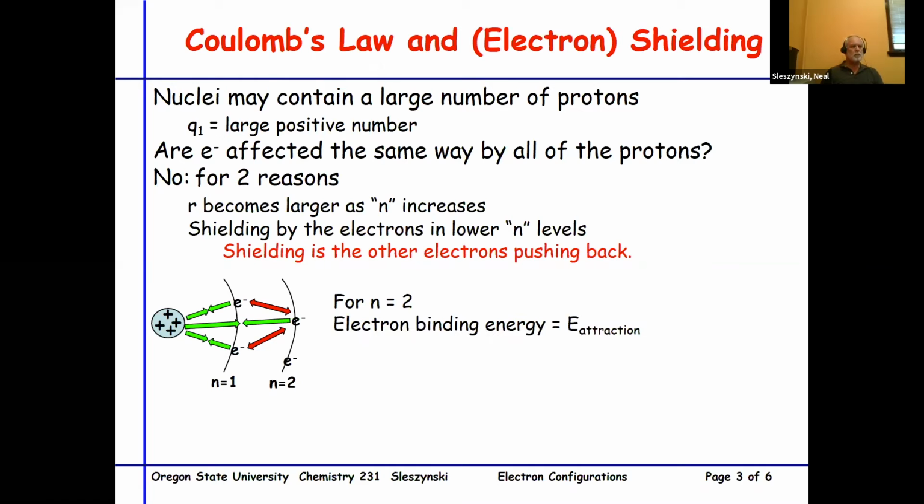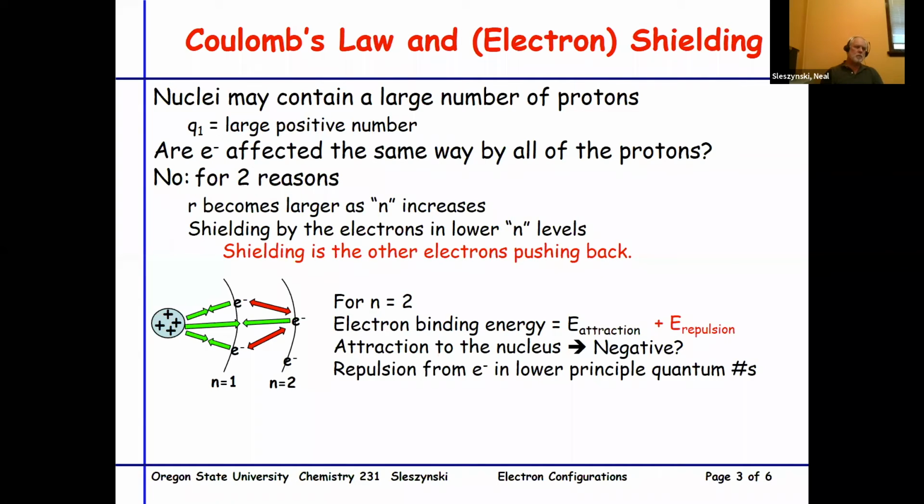So for n equals 2, the electron binding energy is the energy of attraction between the electrons in n equals 2 and the nucleus. Attraction to the nucleus should give us a negative value for E. We then also have repulsion from the electrons in lower principal quantum numbers, in this case from n equals 1.